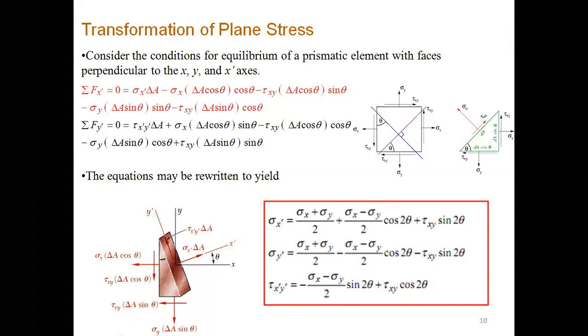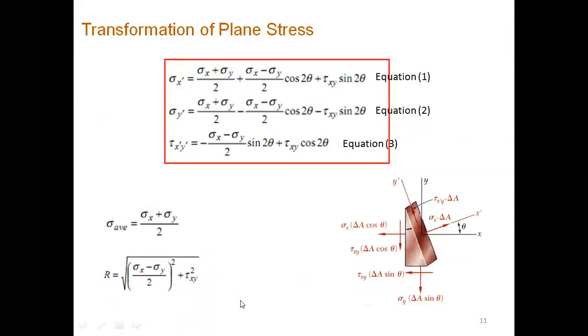So if you rotate the coordinate frame by an angle from 0 to 360 degrees, you could find out these three stress values in the new coordinate frame with these mathematical models. So we got the stress transformation equations. These are known as the stress transformation equations: for the stress along the x prime axis, the stress along the y prime axis, and the shear stress x prime y prime. So we have these three equations.